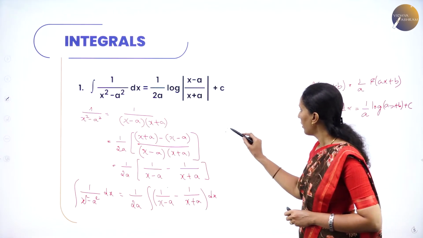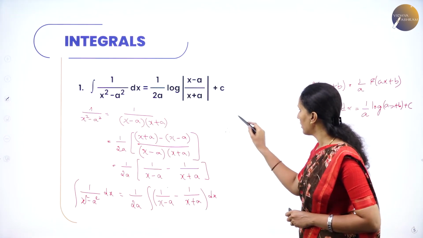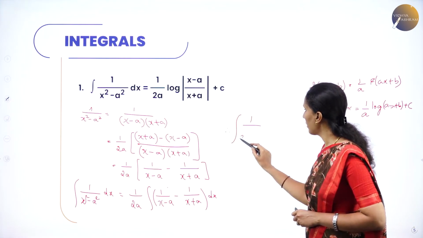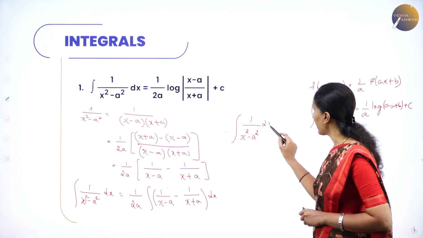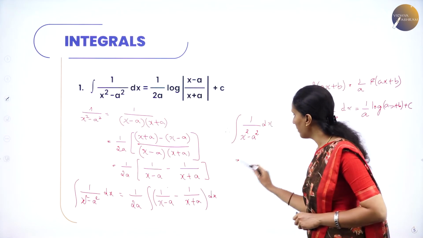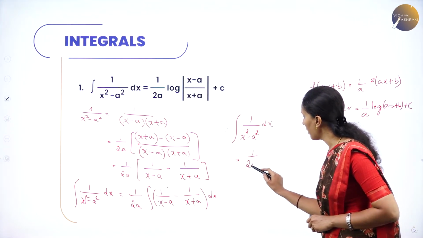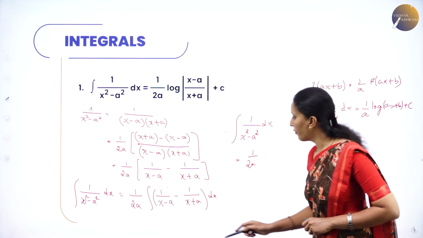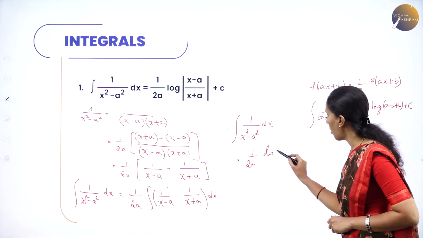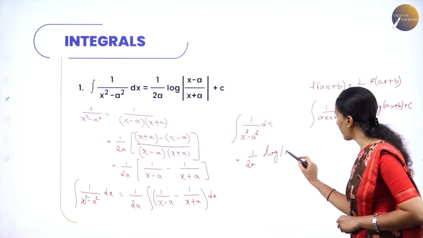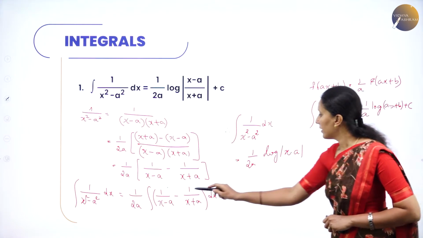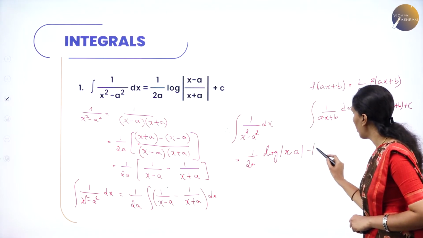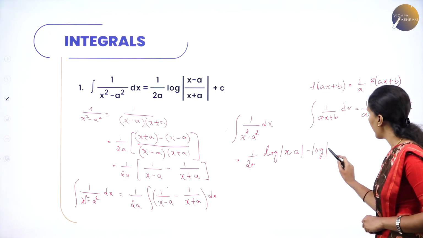So when you apply the integral of 1 over x square minus a square dx, this will become 1 divided by 2a. The integral of 1 over x minus a becomes log of modulus x minus a, because we take it as a positive quantity, and this is minus log of x plus a.